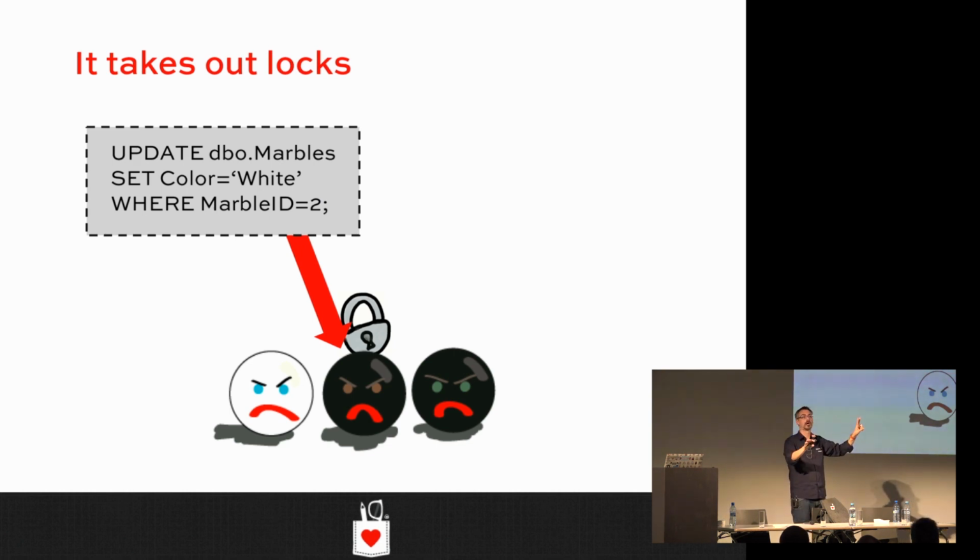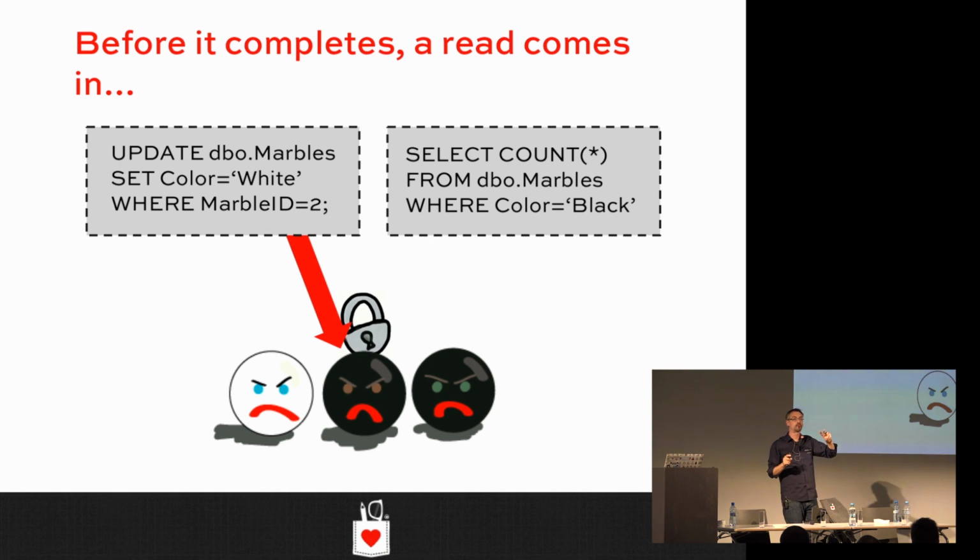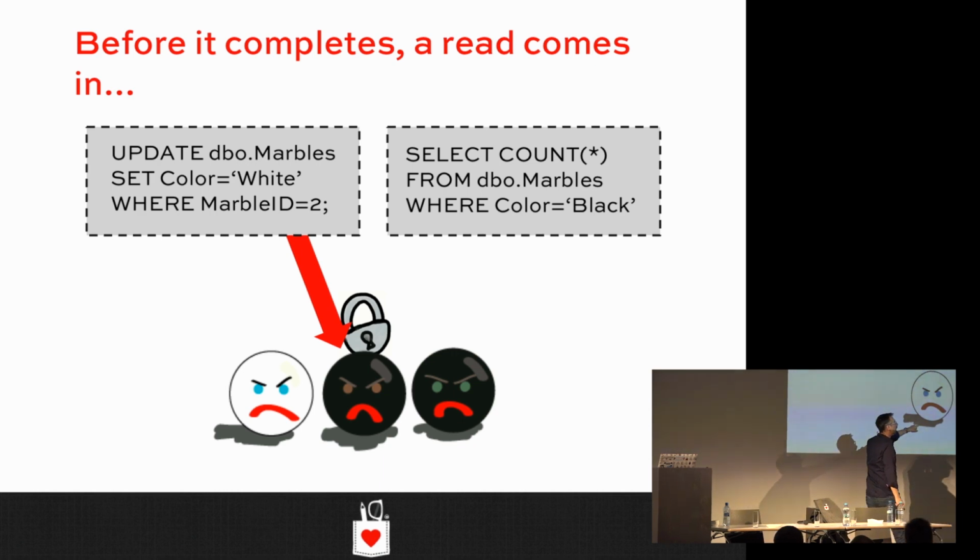This is just a row lock. It's only taking out a row lock on marble ID number 2. But if I now run a select query, and I say, go show me the number of black marbles, that select is going to get blocked.